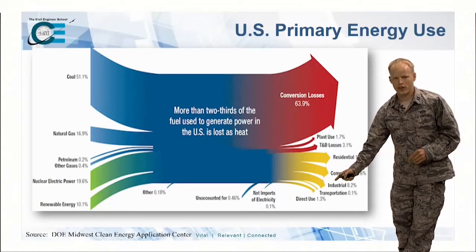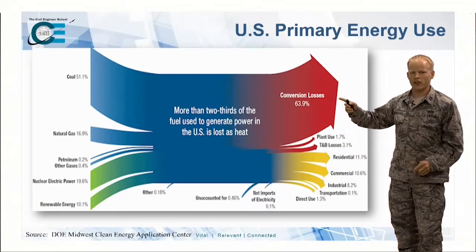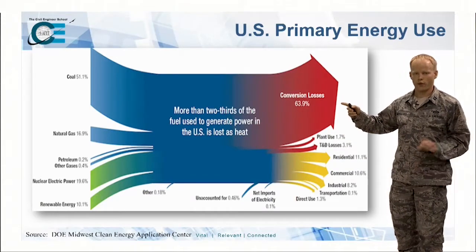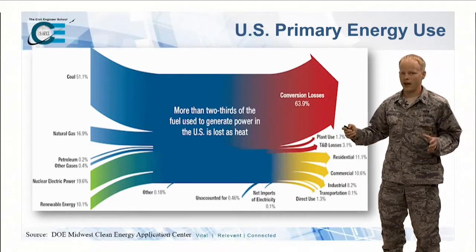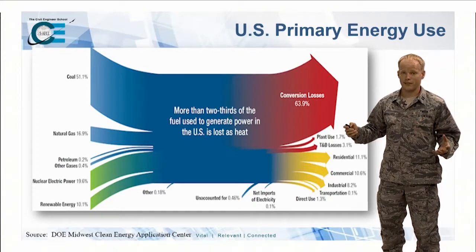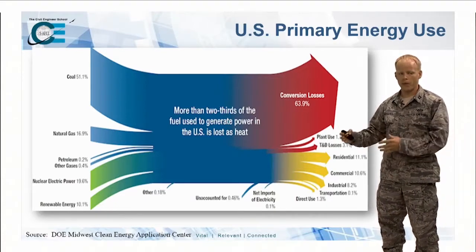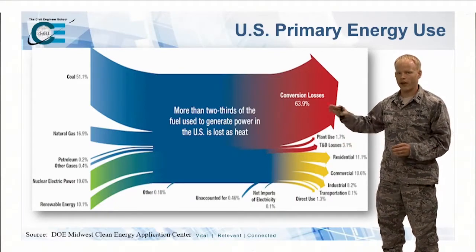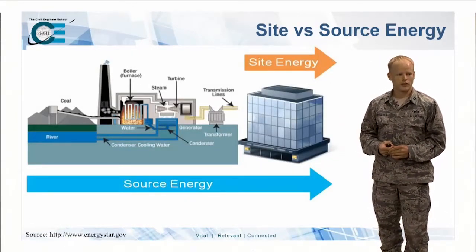All those uses we saw on the last slide, but most of our energy is being lost to conversion losses. So if we're losing all of this energy to conversion, the system is not efficient. We will have to find ways to better use our energy so we don't have to use conversion losses. But this brings in site versus source energy.